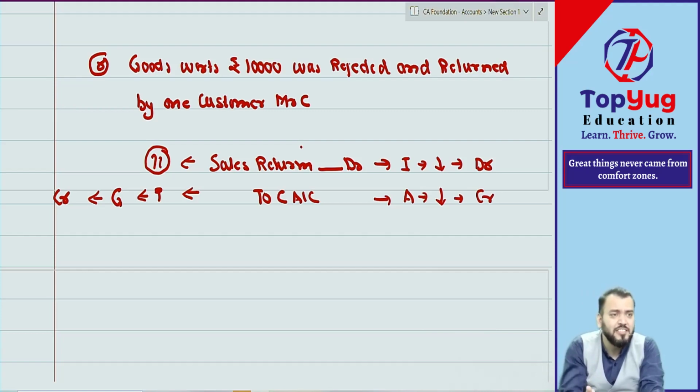But sales return is not an expense, because we need to apply the definition. The definition says expense means outflow of expenditure, but there is no outflow of expenditure. So how can it be an expense? We are not here to compromise. Now, which rules are we not able to apply? Traditional rules.